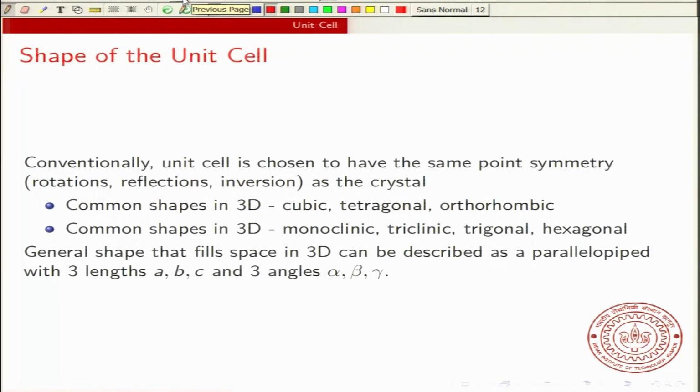Okay. So, I will just show you what this parallelepiped will look like. So, it will have sides that I will show by this. So, you take 3 vectors A, B and C, and you construct a parallelepiped using these 3 vectors.